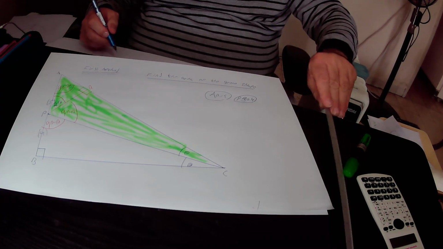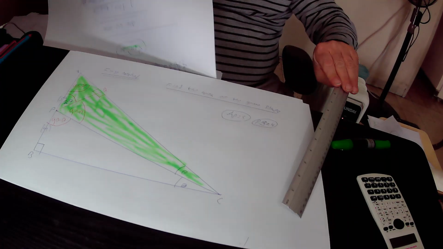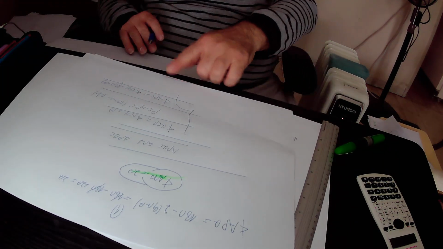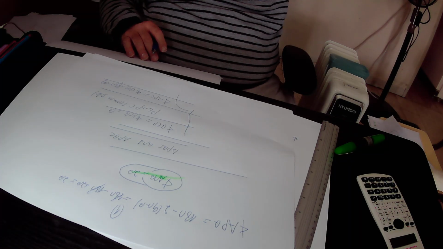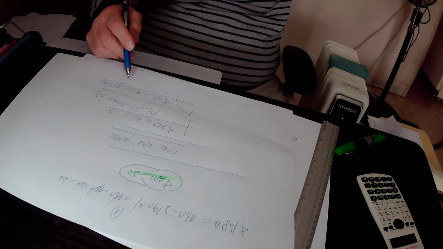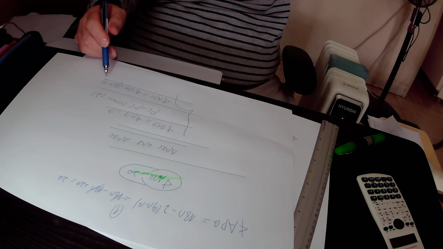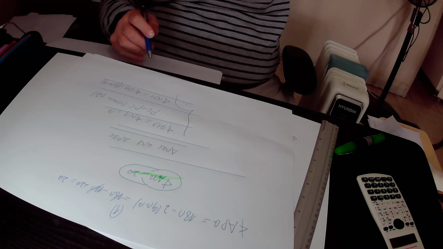Repeat again. We found out that angle QPC in the upper green triangle PQC is equal to angle CPB in the lower right triangle PBC. They are both equal to 90 degrees minus theta, and therefore they are equal to each other.